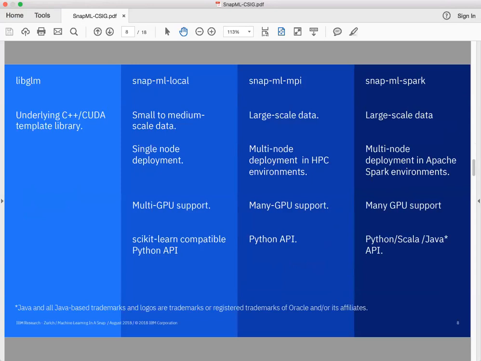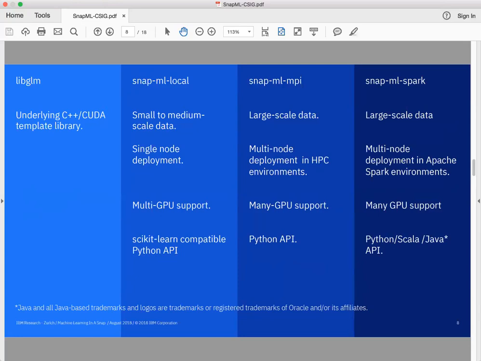So today there are three different ways to use SnapML. There's SnapML local. So this is a single node deployment of SnapML. Therefore, it can be used for small to medium scale data, but it can't train on data which is too big to fit in the CPU attached memory of a single server.